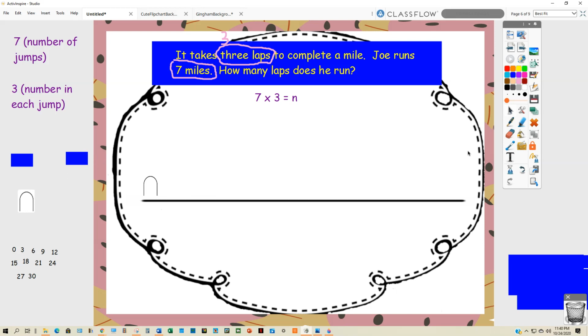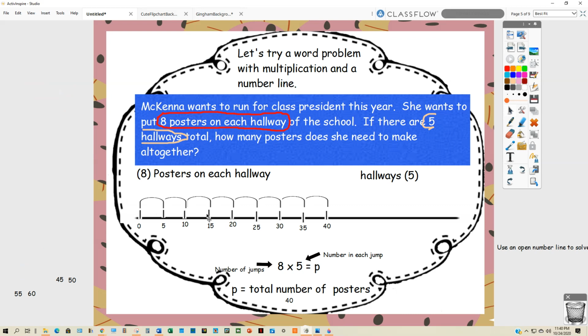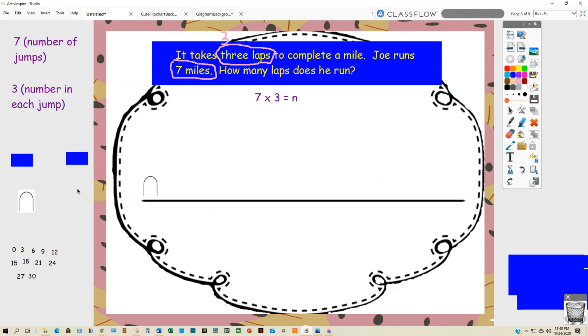So I need to come back here for a second and copy that little line because I forgot to put it over here. There we go. I need that and a 0. And I said that every time I jump, I want to go up 3.